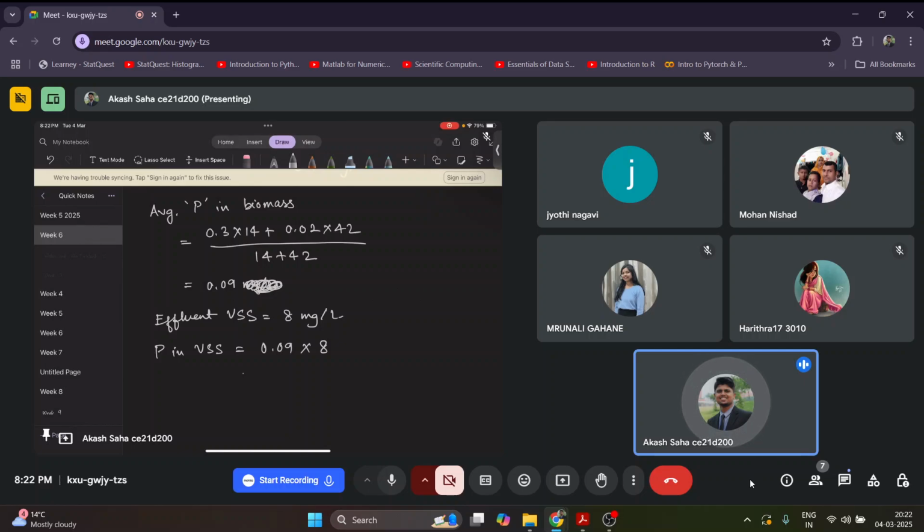So we will get the P in VSS as 0.72 milligram per liter. So my total P in effluent will be 0.72 plus the 0.96 that was remaining earlier. So it is 1.67.